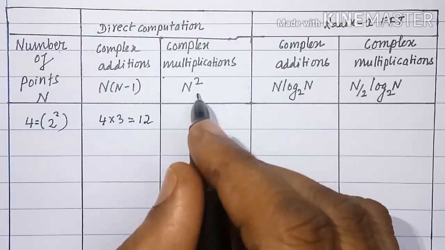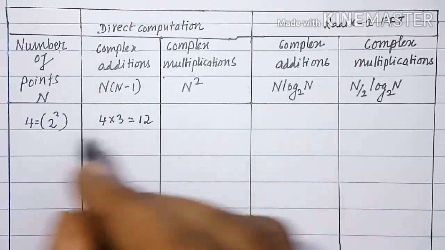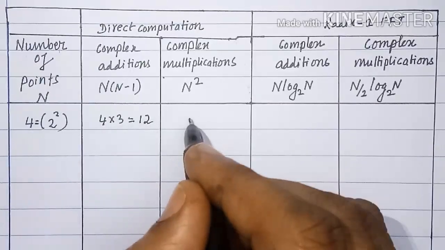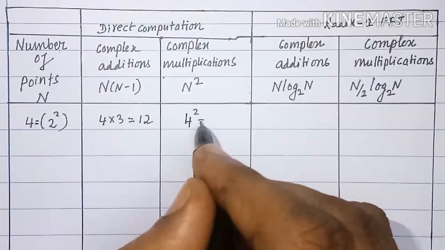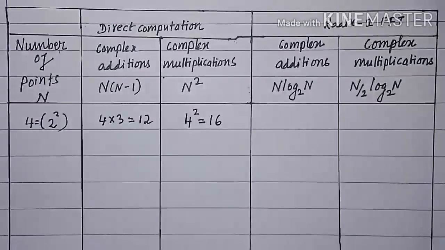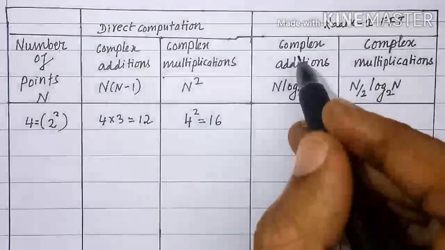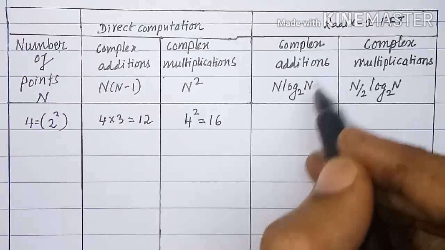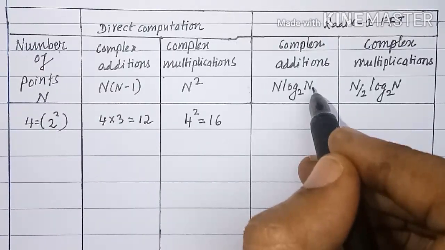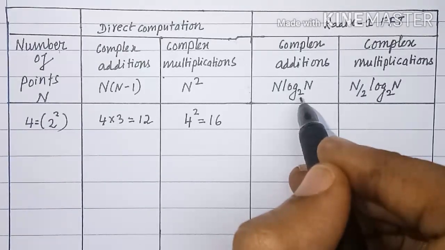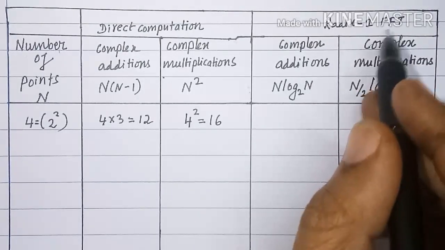Complex multiplications in direct computation for 4-point DFT will be 4 square, that is 16. Complex additions number is N into log N to the base 2 in Radix 2 FFT.